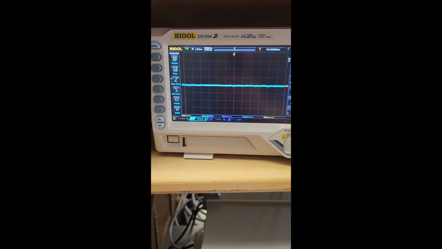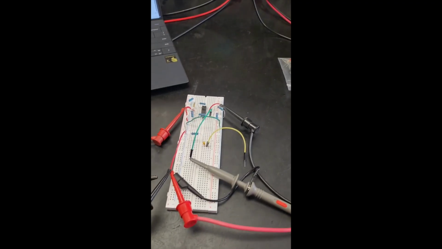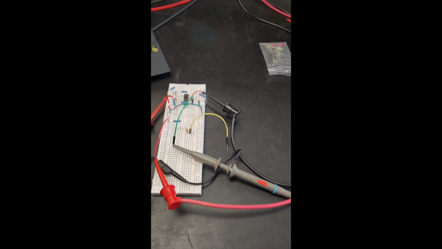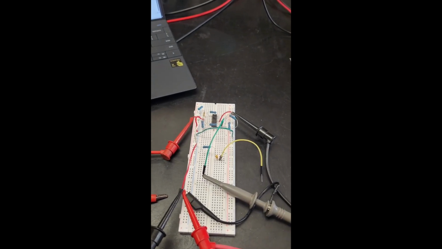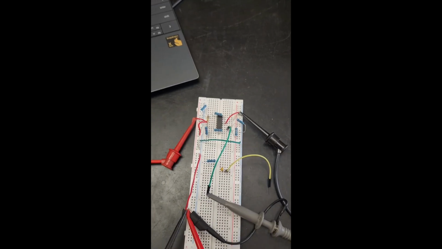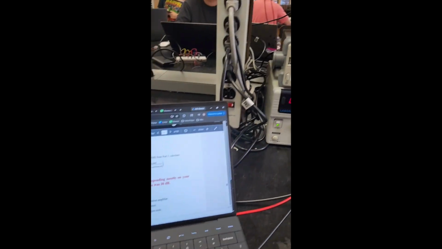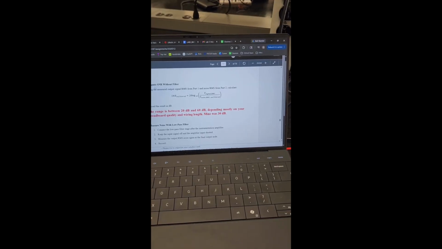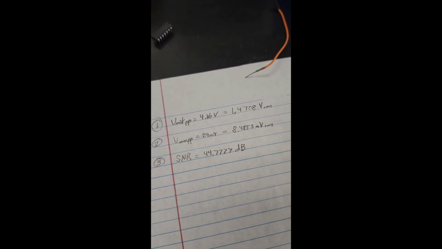The average is about 24, so we get around 24 millivolts peak to peak as the noise generated from the circuit. Using the values that we got from measuring, we can then calculate the unfiltered signal-to-noise ratio, and that comes out to about 45-ish dB, which is our expected value.